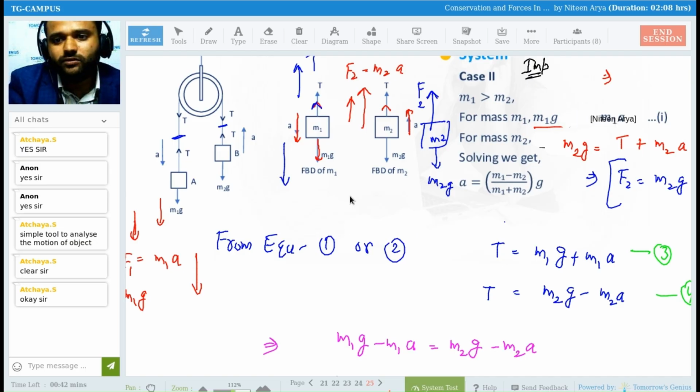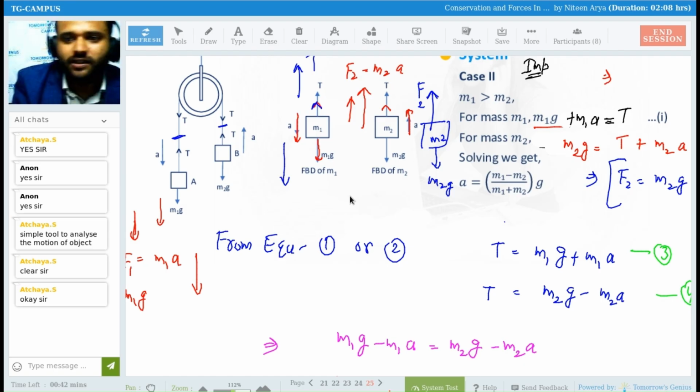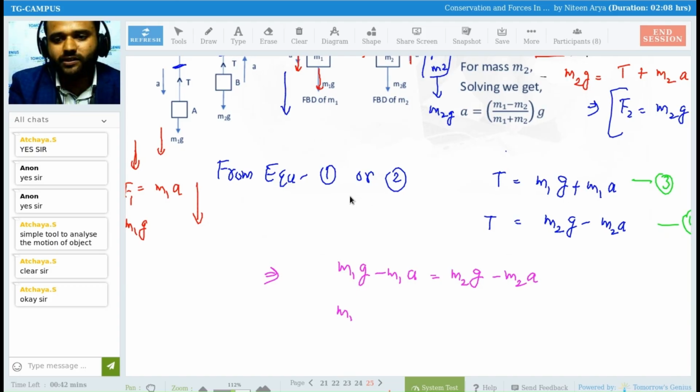This equation: m1g plus m1a is tension. Okay, now this is correct. Or m2g is tension plus m2a. So this tension and this tension, now it is correct. So solving these two equations, tension equals this, we can get this acceleration.